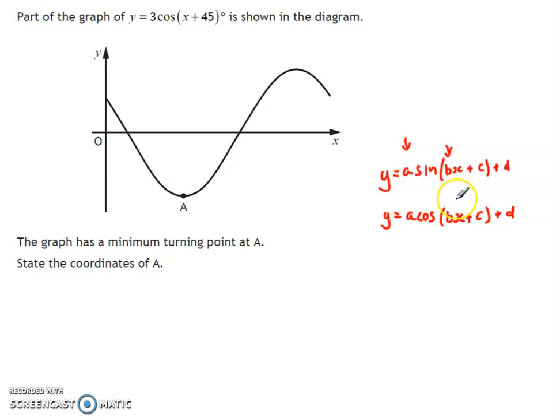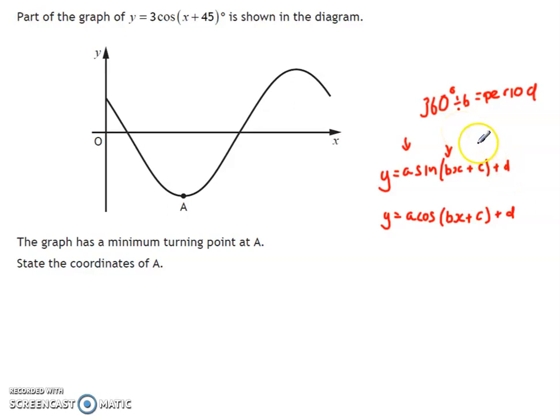Now, originally, sine and cosine take 360 degrees to repeat themselves, which means the period of the graph is 360 degrees. To change that, we take the 360 degrees and divide it by whatever the value of B is, and that then tells us what the period of the graph is. It tells us how long it takes for the graph to repeat itself.